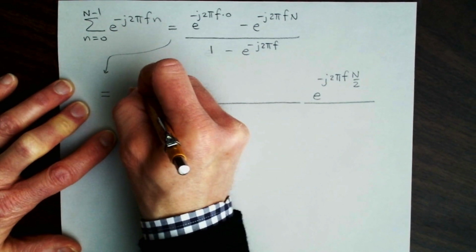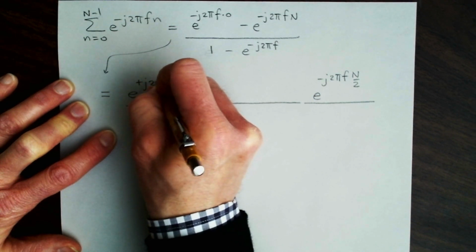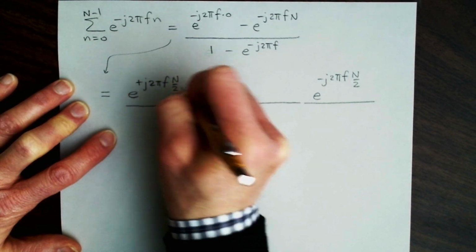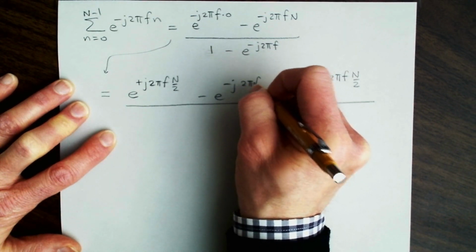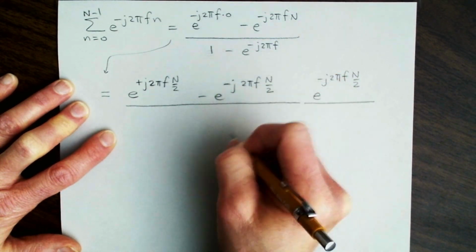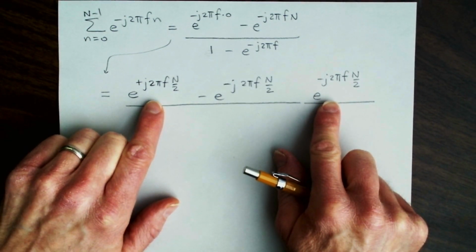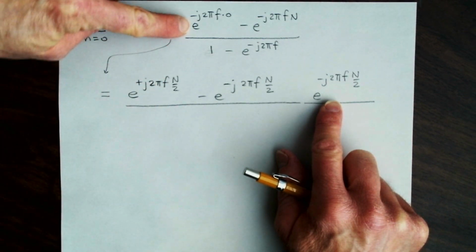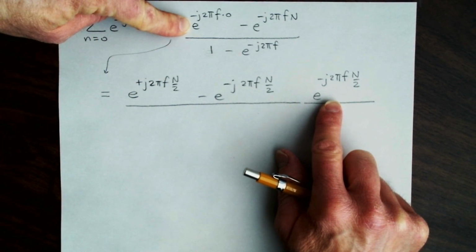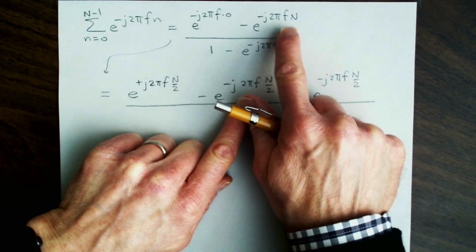And so we'll have to have e to the plus j 2 pi f n over 2. We can check that by multiplication. Multiplying these two together gives us this, which is just equal to 1. Multiplying these two together recovers this term.